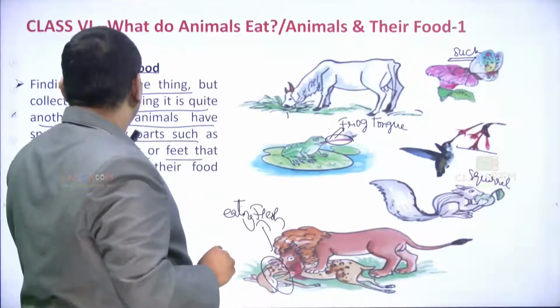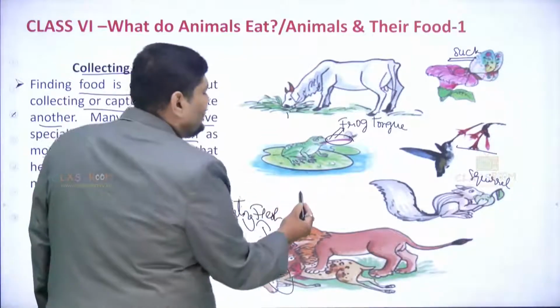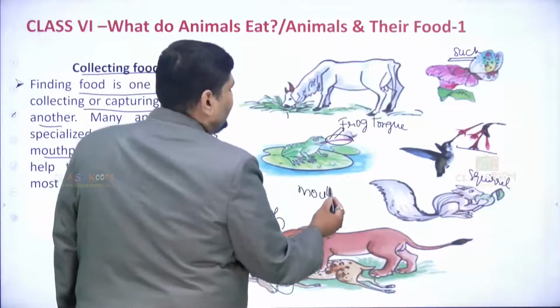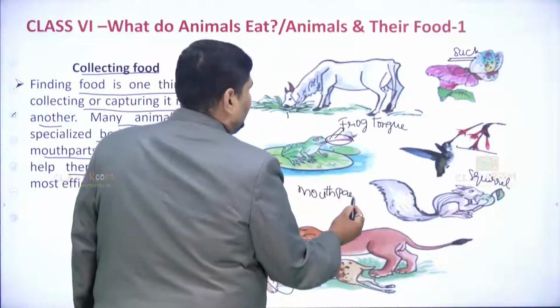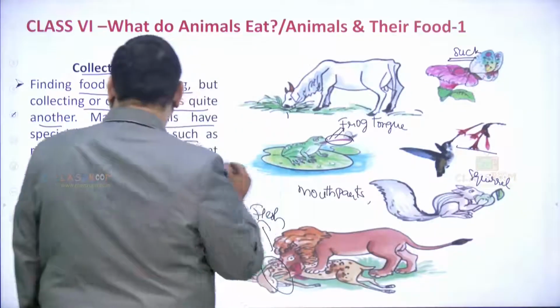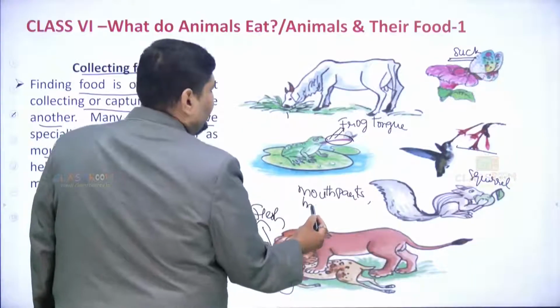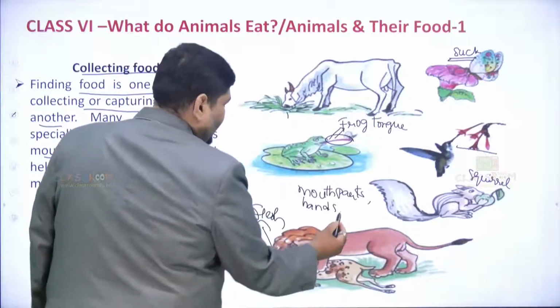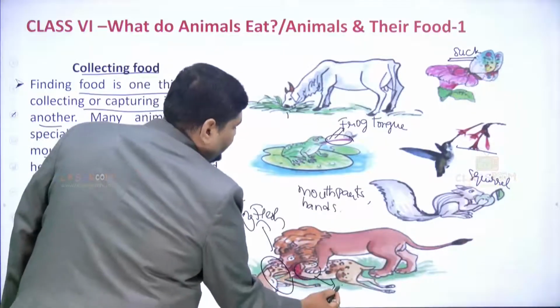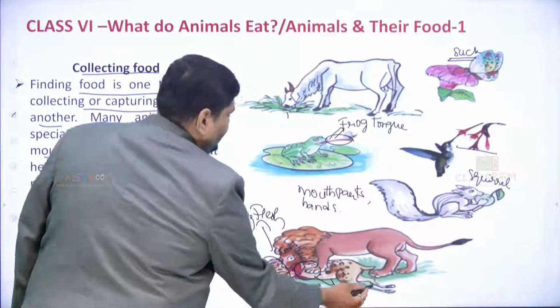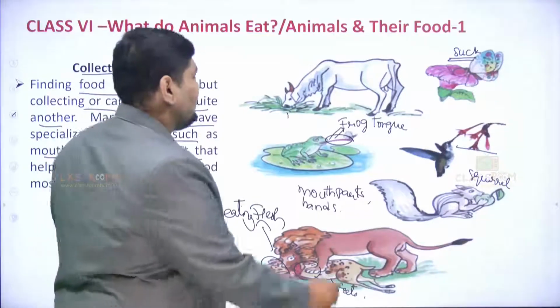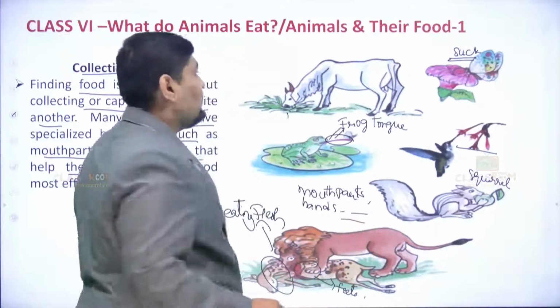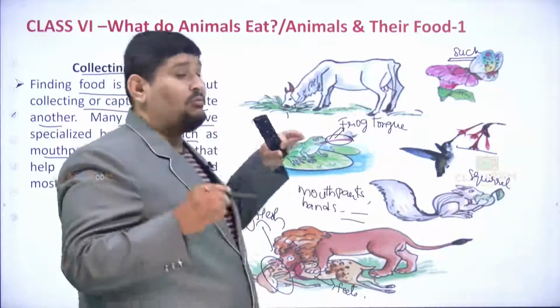So you can find the different specialized parts, like mouth parts, and some are with hands, some are with feet. In this case you can see the lion uses its feet and all. These are the different forms of trying to collect the food.